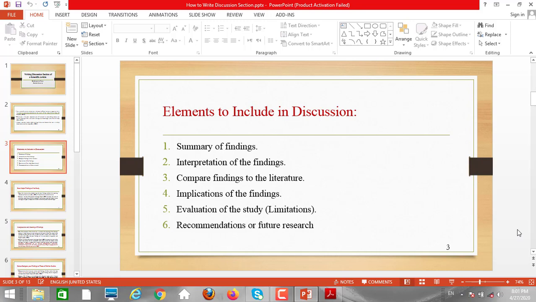The first one is summary of the findings, interpretation of the findings, comparing your findings with other previously conducted researches, implications of the findings, evaluation of the study, which is limitations, and finally, recommendations for future research. We will discuss each and every one of them in detail with some practical examples.